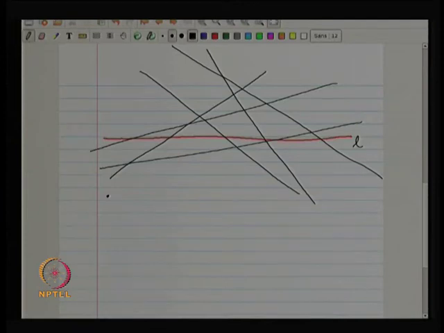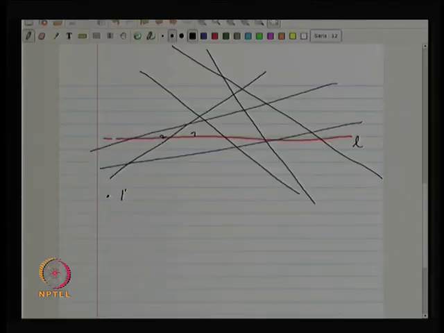So, first observation, question: how many faces does this line L intersect? How many faces are in the zone? Maximum n, am I right? Or n plus 1, because each line intersects the red line only once, so you get n plus 1 intervals, and each interval corresponds to one of the faces that is in the zone.